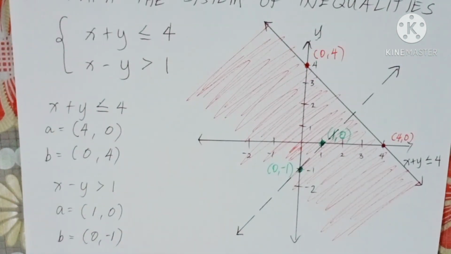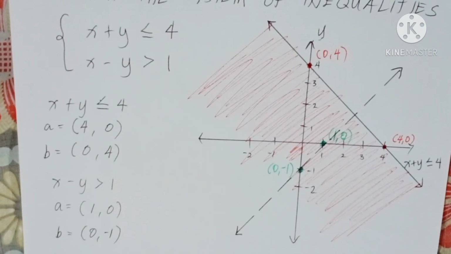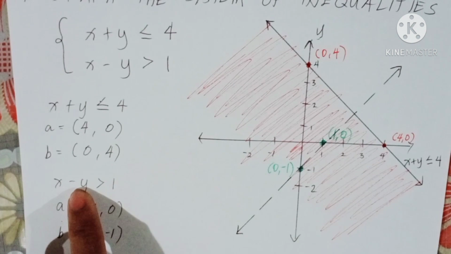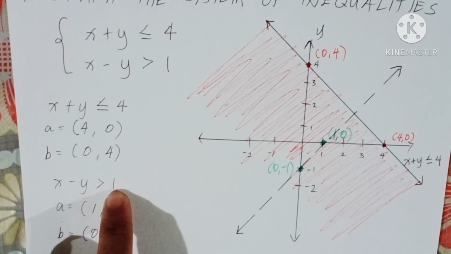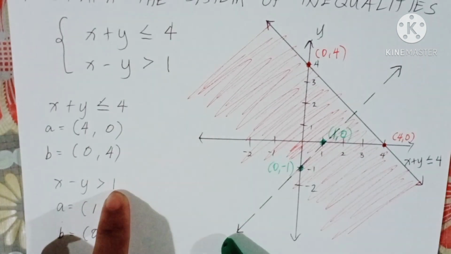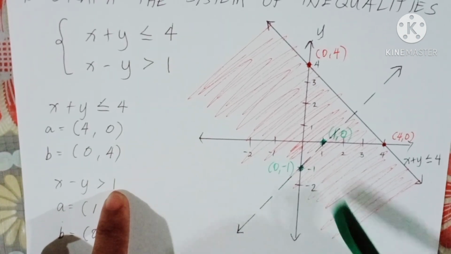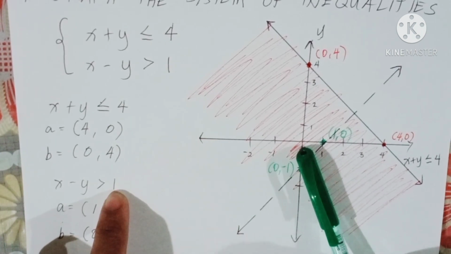Okay, our testing point is 0, 0. So if x is 0, minus 0 is 0. So is 0 greater than 1? That is false. So if that is false, if this is our boundary line, so we shade below. Because 0, 0 is here, it's not included.